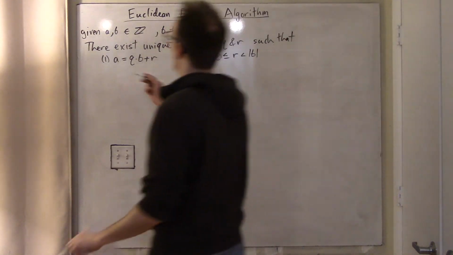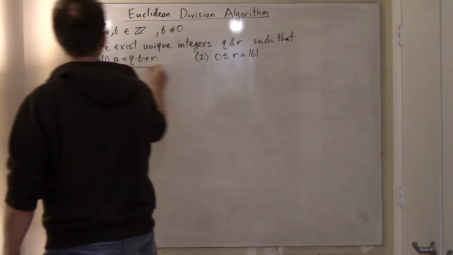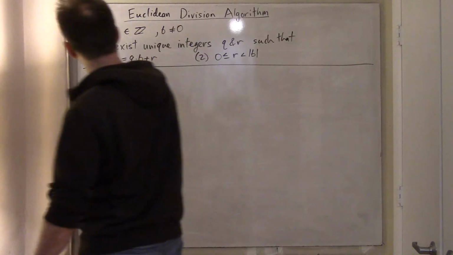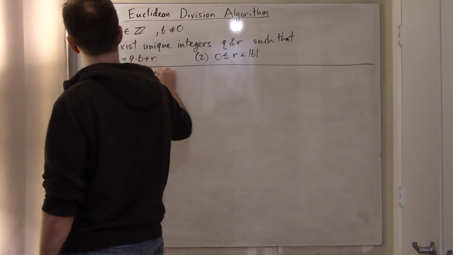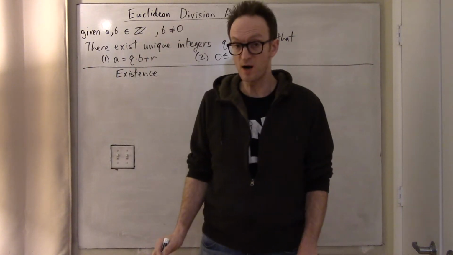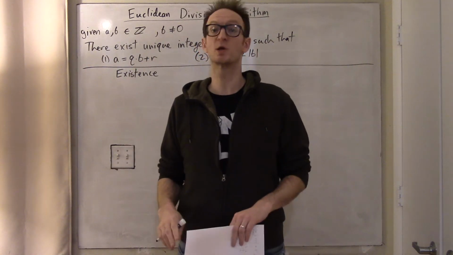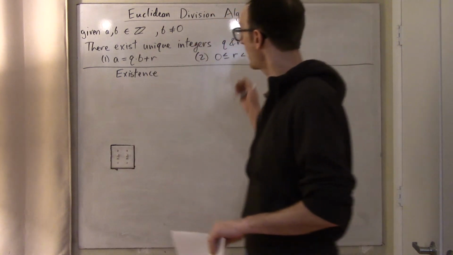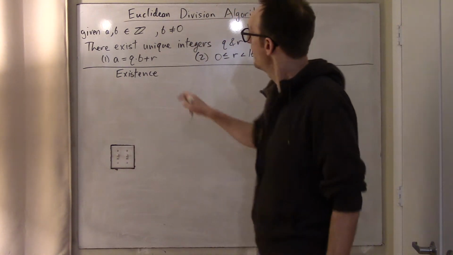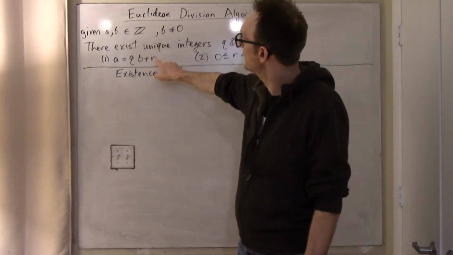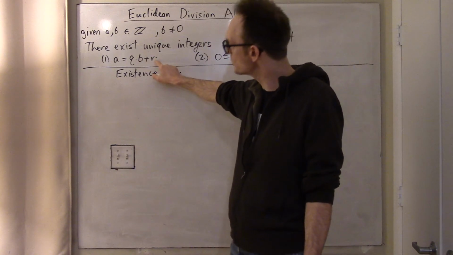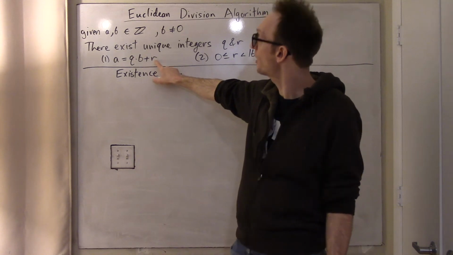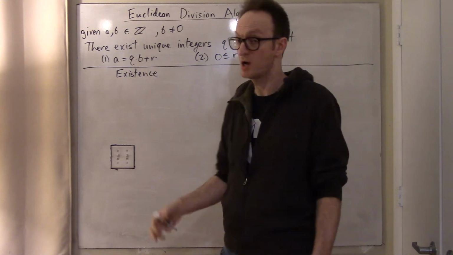Kind of. What we did was the hard part, and the hard part was existence. We showed that there exists a pair of numbers q and r that meet these two requirements. What we did was we considered all possible remainders, so all possible numbers r of the form a minus qb, where r is positive.